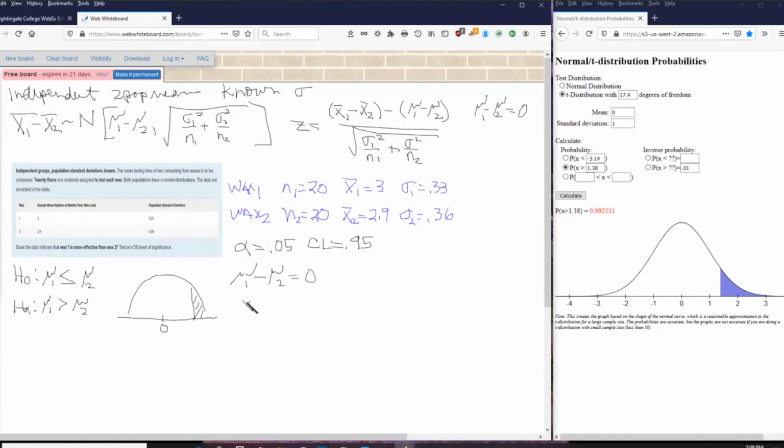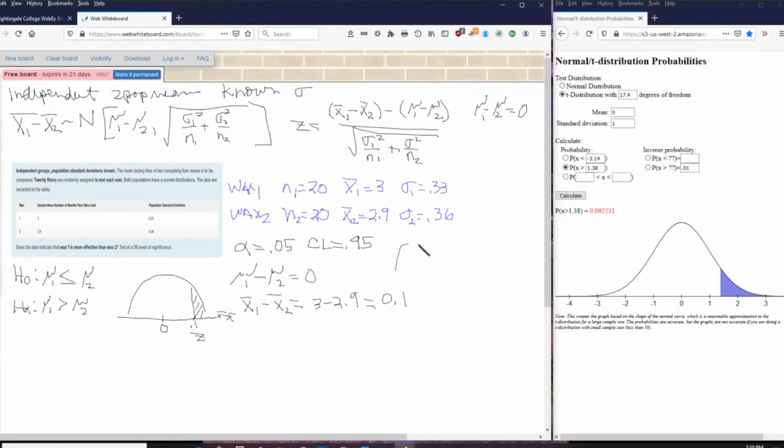The difference of the sample means is going to be 3 minus 2.9, which is going to give me 0.1. So on my difference of the means, this is going to be 0.1. And we're going to solve for a z-score for this.